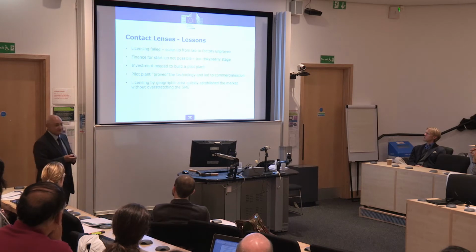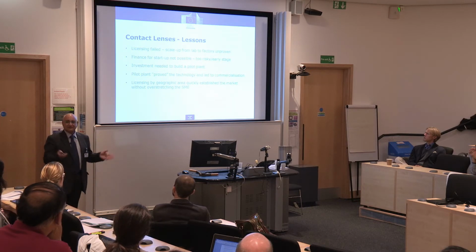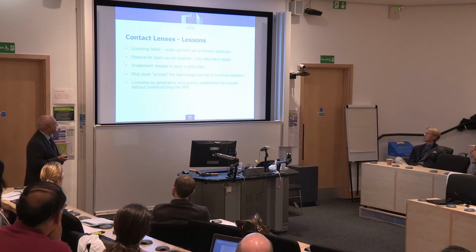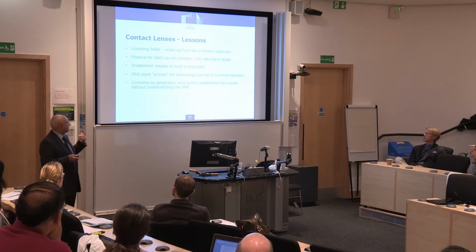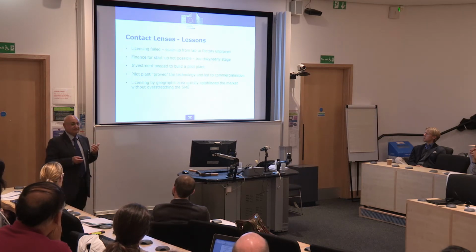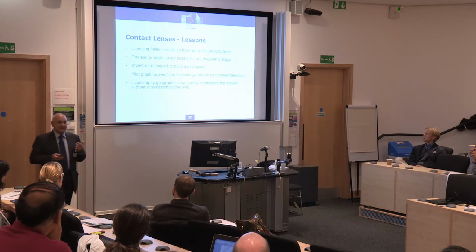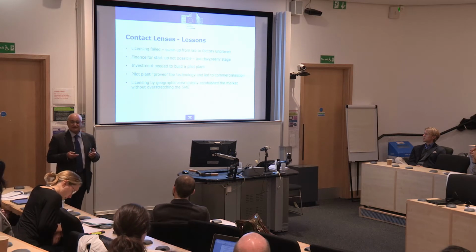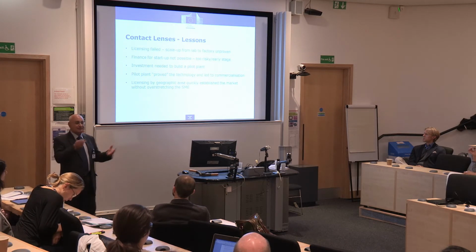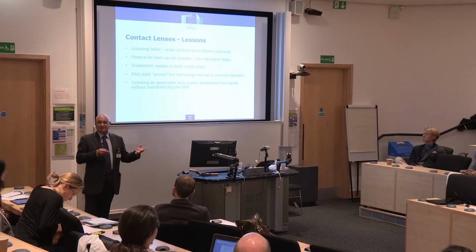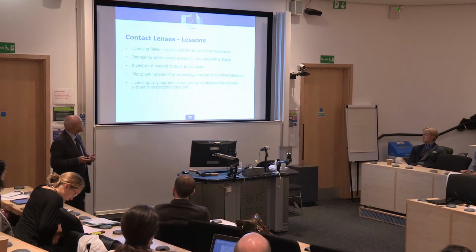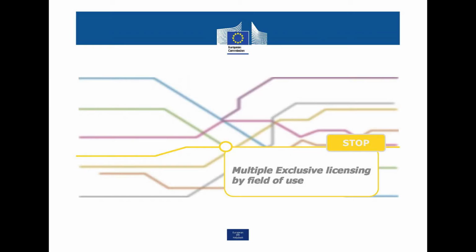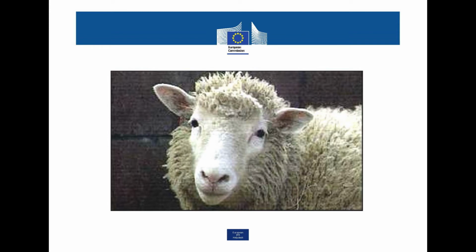So investment was needed to push it along a bit and to catalyze the whole process. And licensing by geographical area allowed the SME to quickly establish a market and allowed us to find other partners. It helped Bausch & Lomb make their decision because they could see that the product was successful in the UK. The next example is to do with multiple exclusive licensing.